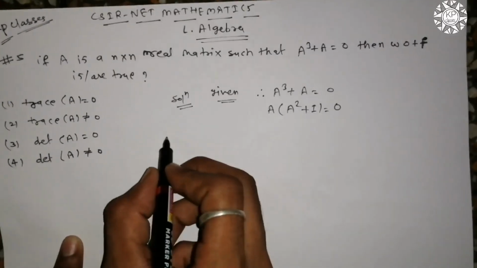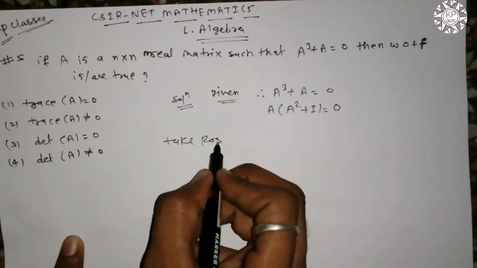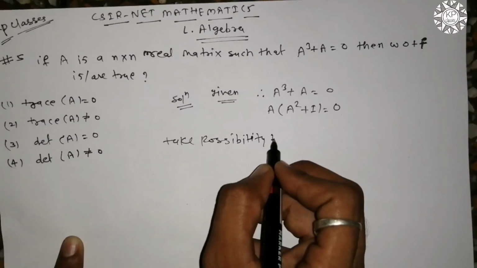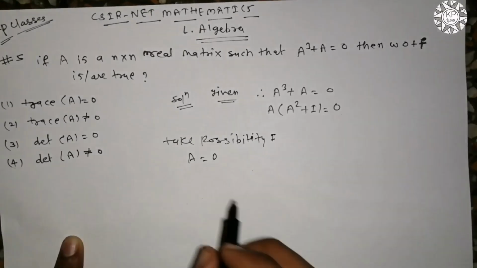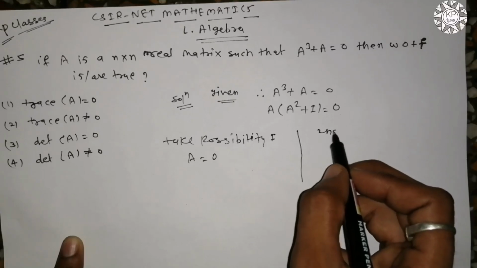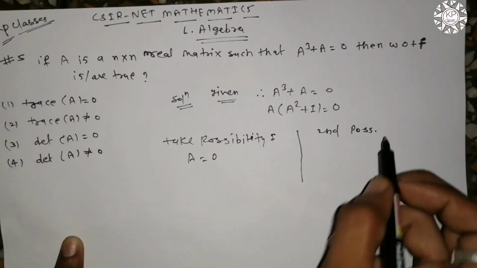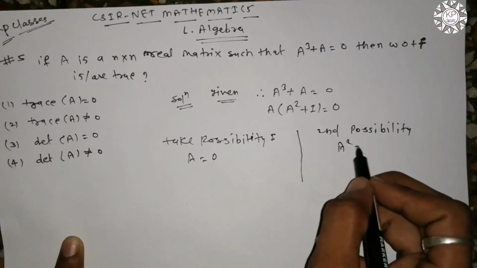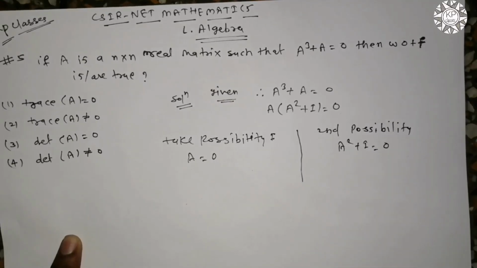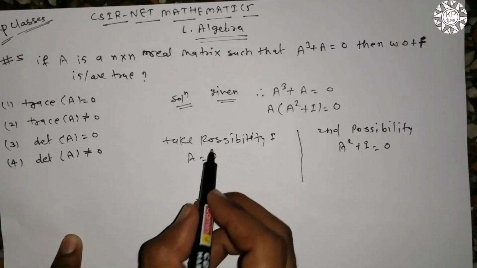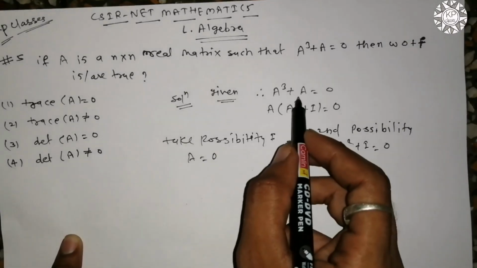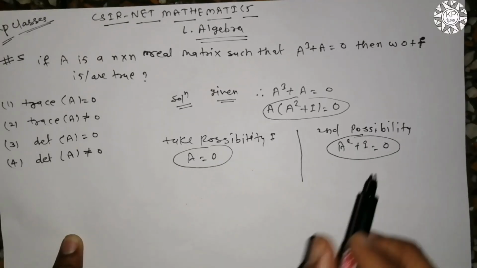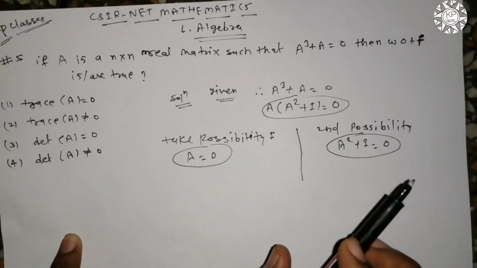Take possibility first: A equals 0, and second possibility: A square plus I equals 0. Okay friends, two possibilities: A equals 0, and A square plus identity equals 0.